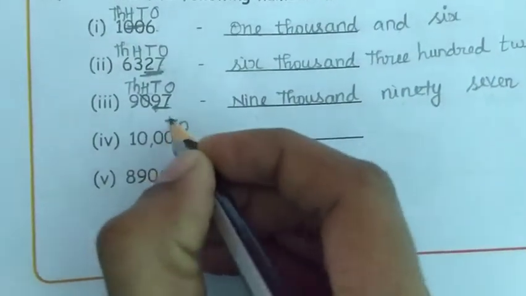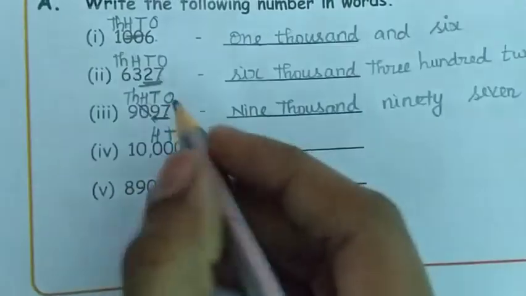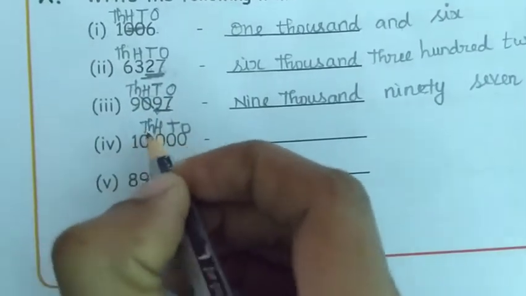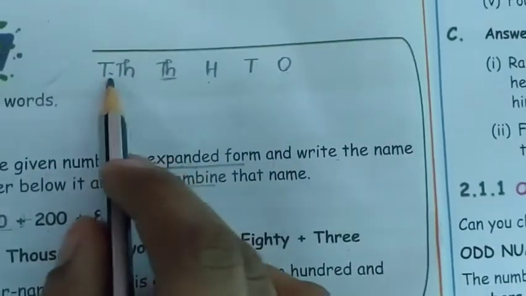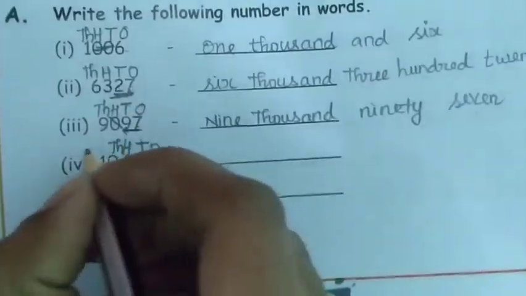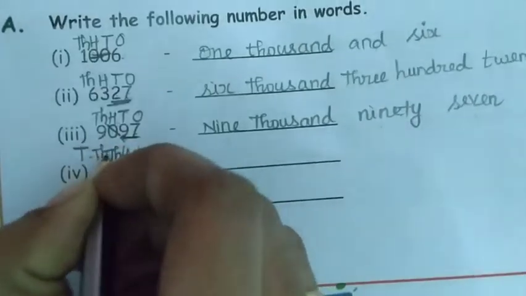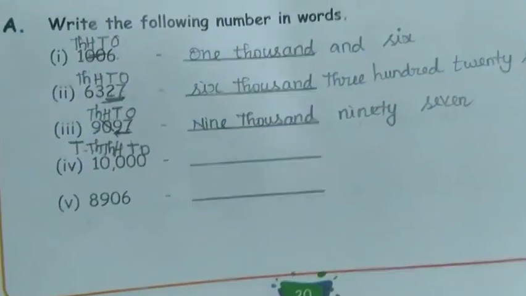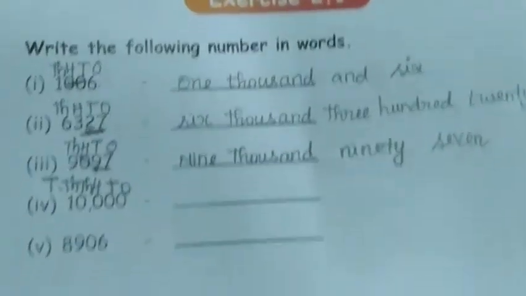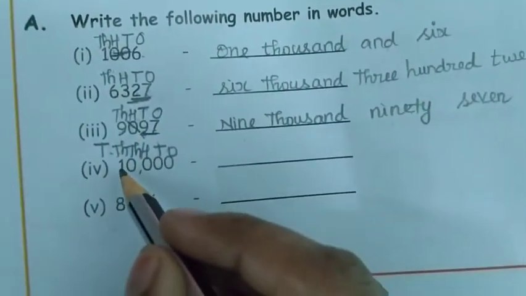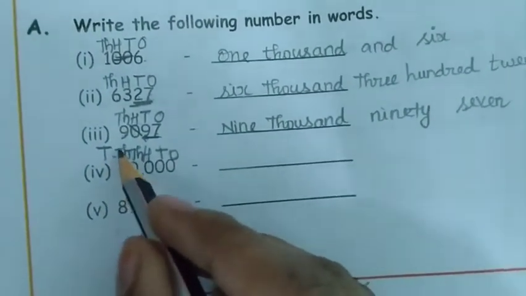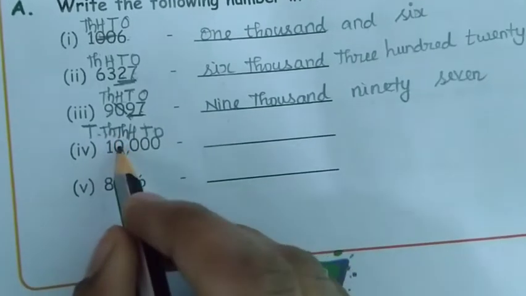Now fourth question. Ones, tens, 100, 1000. Before the 1000, what, ma? 10,000. So here put 10,000. Okay, va? Now read it out, ma. 10,000. That's all.